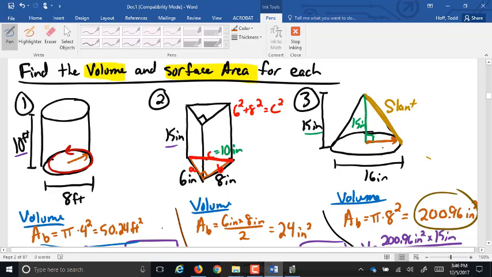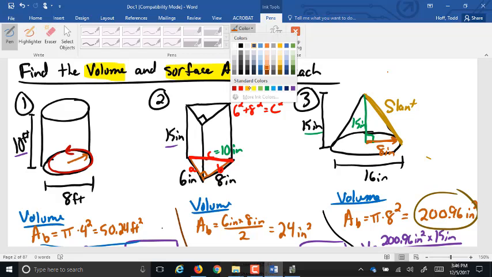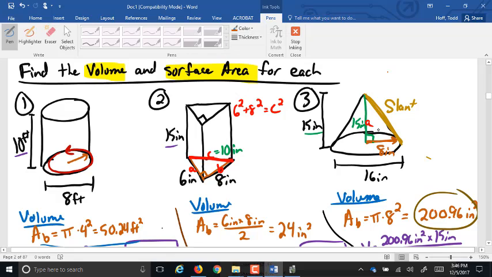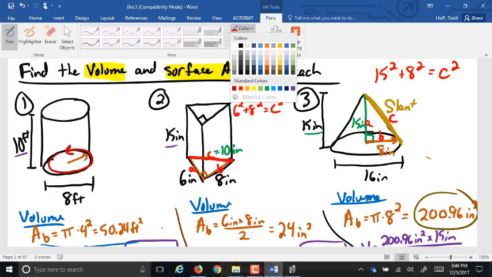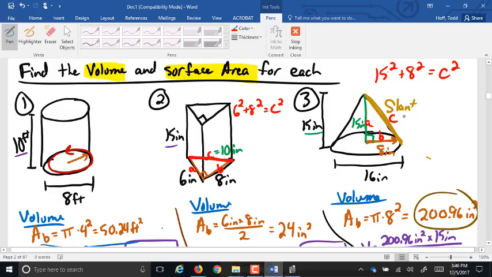This is the radius of the circular base, which is just going to be 8 inches. So that slant, if I label these A, B, and C, the slant is the hypotenuse, it'll be side C. So it's 15 squared plus 8 squared equals C squared. If you calculate that out, you will get that that is 17 inches.